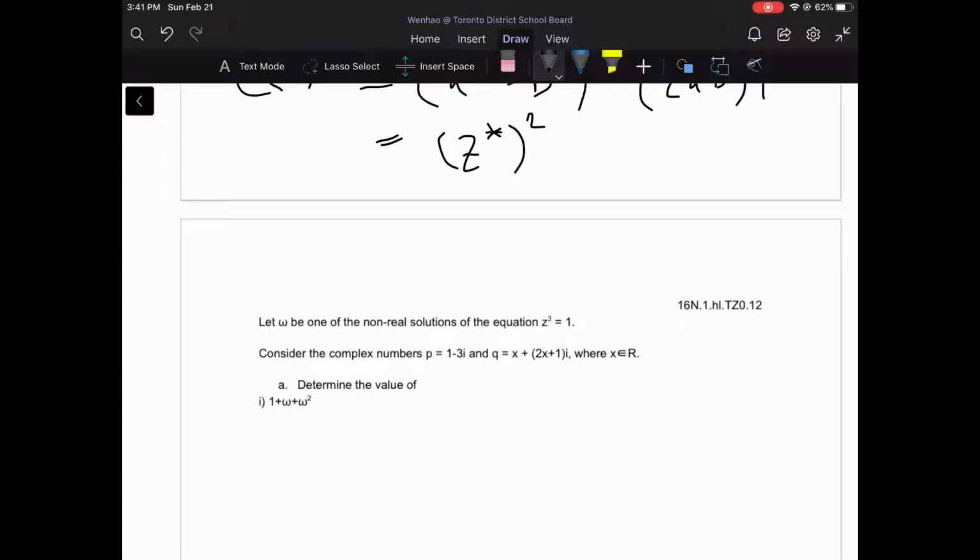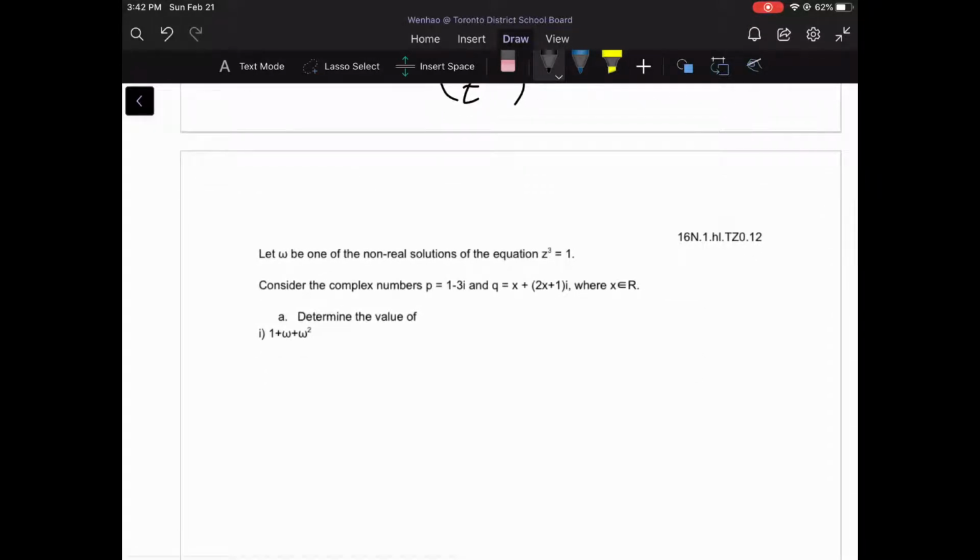Okay, second question. Let omega be one of the non-real solutions of the equation z cubed is equal to 1. One thing to remember is that complex roots come in conjugate pairs. So there's one real solution to z cubed is equal to 1, and the obvious solution is z is equal to 1. So the other 2 roots are conjugate pairs of each other.